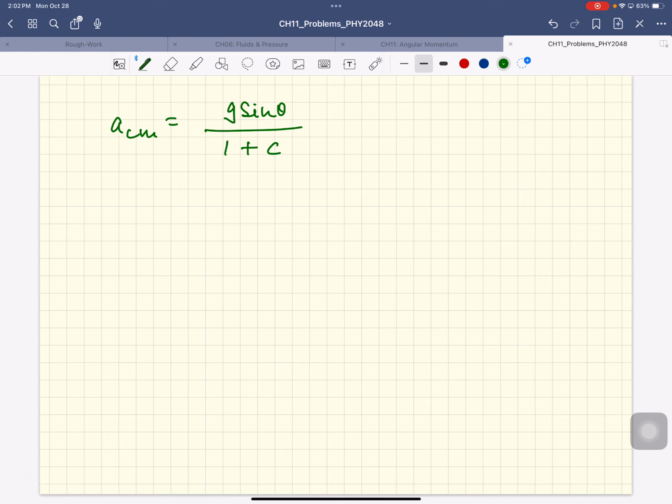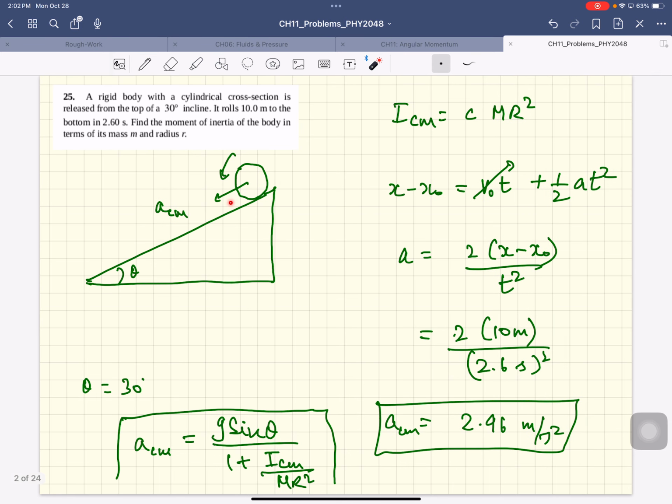By the way, let's calculate g sine theta separately. That's 9.8 meters per second squared times sine 30. If you had an ice cube, it would slide down with an acceleration of 4.9 meters per second squared.